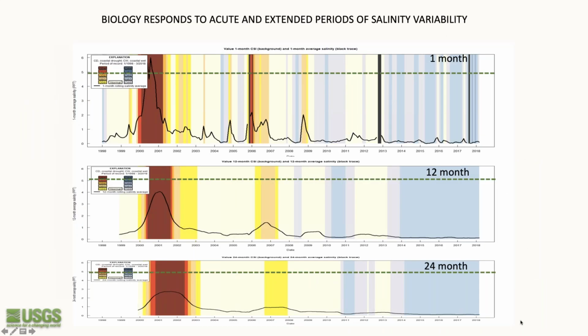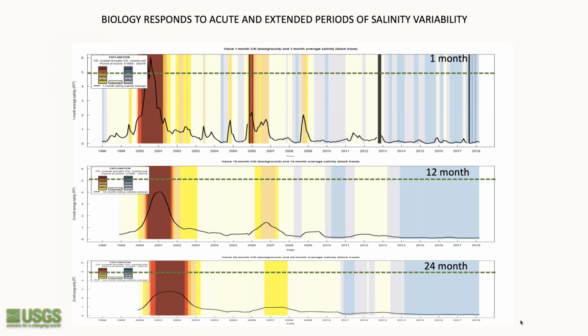So the biology, of course, depends on whether you can get away, like a fish, or if you're a plant or a shellfish and you can't really move. And I just want to show how the 1 month, 12 month, and 24 month moderate. The longer the running average, the less acute the salinity peak is.